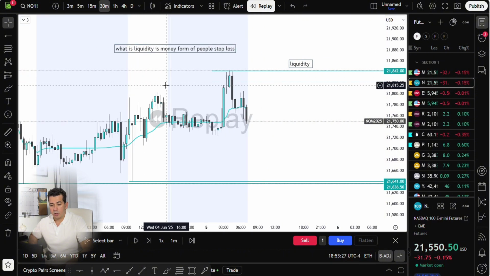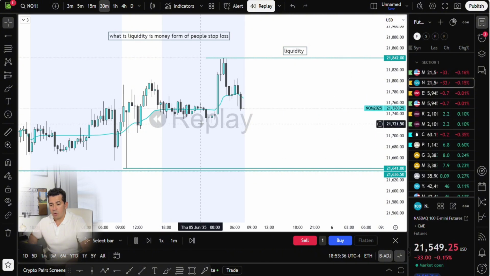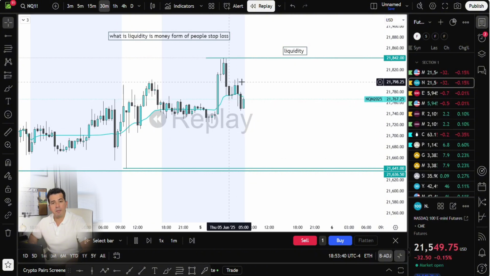Let's play this out and see how it plays out, so you can look for these areas and watch how price reacts to them and what happens after price reaches those points.